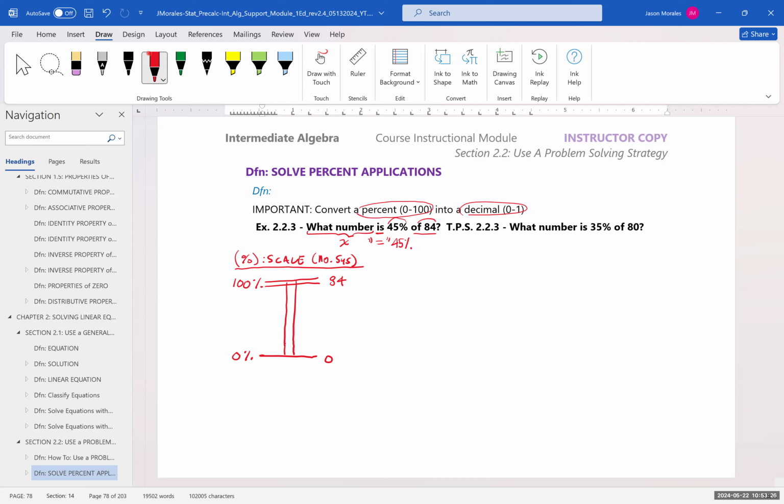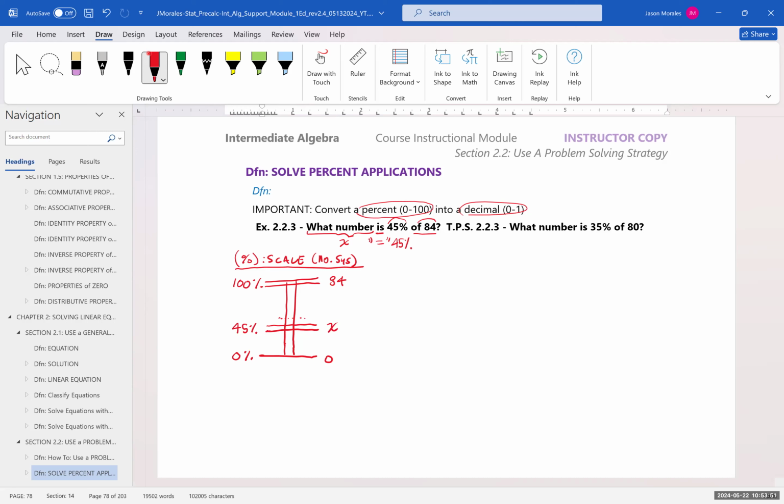And so we want to know what number is 45% of 84. So 45% on this scale from 0 to 100 on the left. Here's 50, so 45 is going to be a little less than that. So here's 45%.